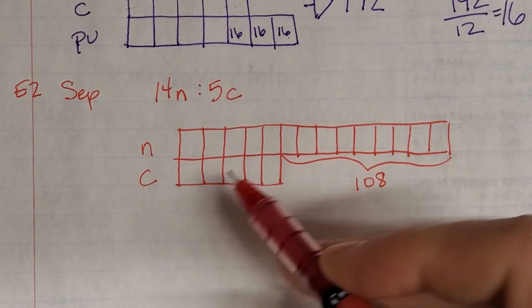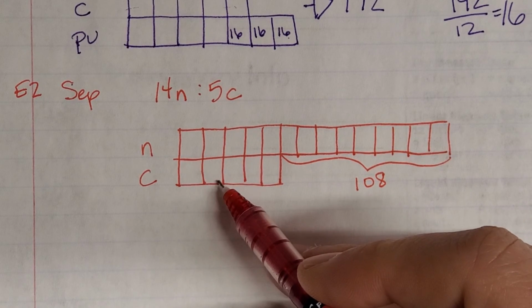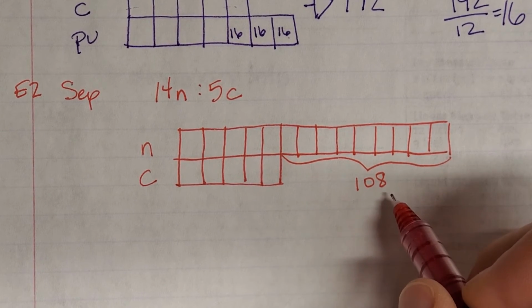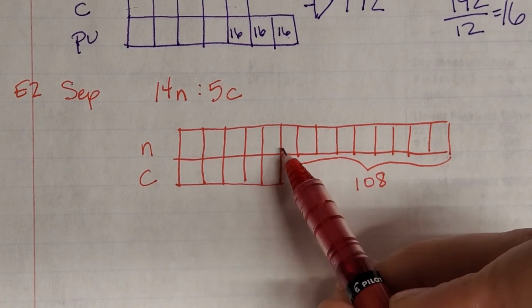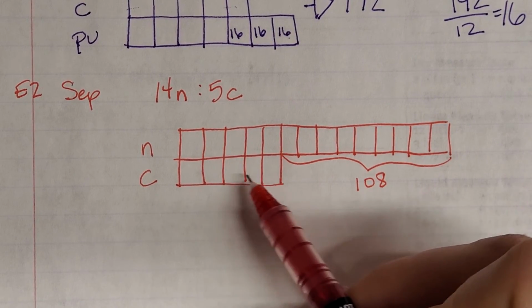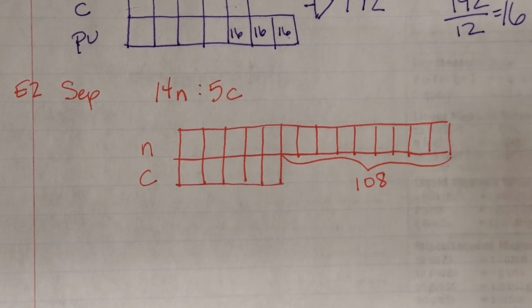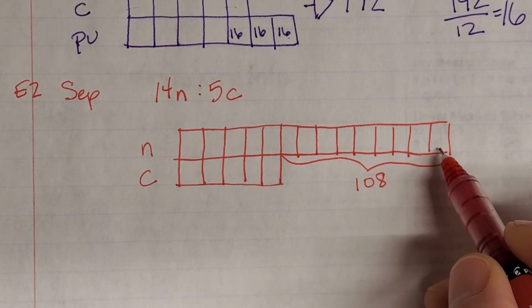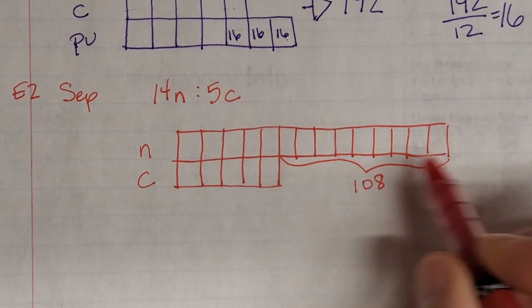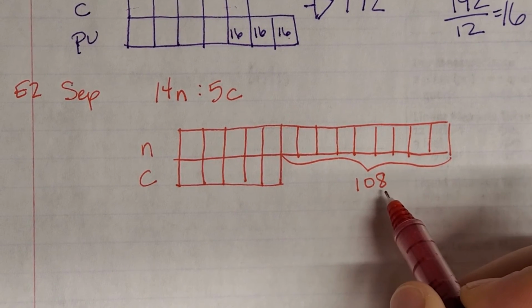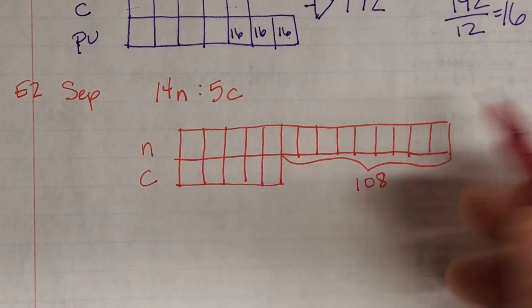All of these that were more than the commercial are worth 108. That's what they mean when they say if there were 108 more non-commercial vehicles than commercial vehicles. Okay? And now that we know that these boxes, 1, 2, 3, 4, 5, 6, 7, 8, 9 boxes are worth 108 vehicles, how many go in each box?